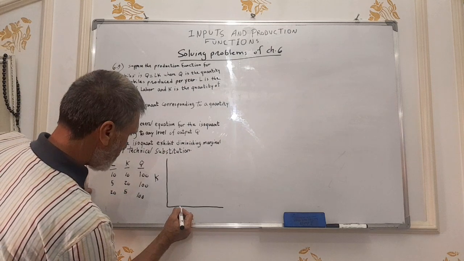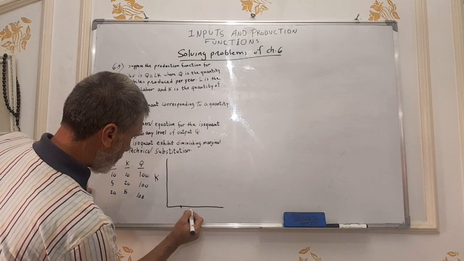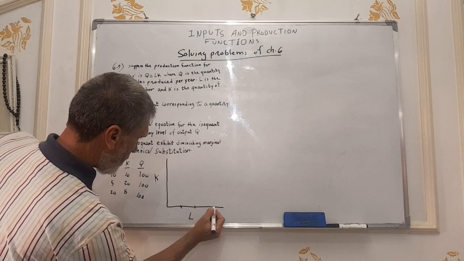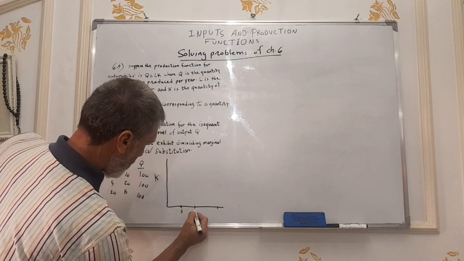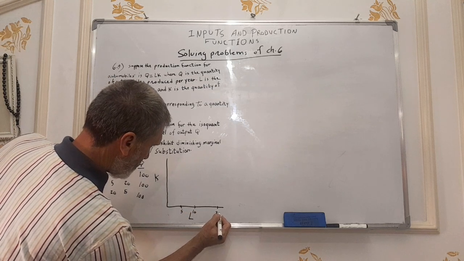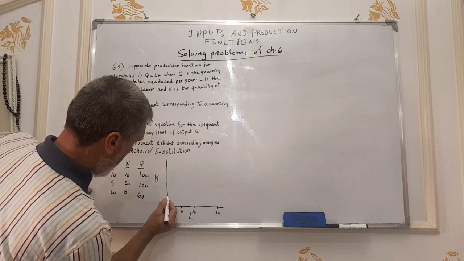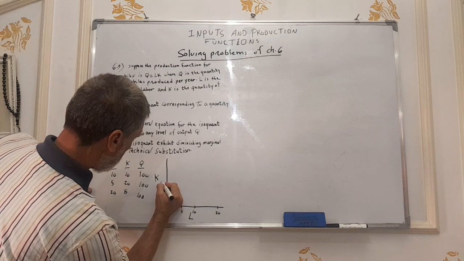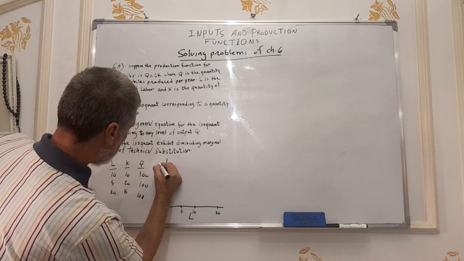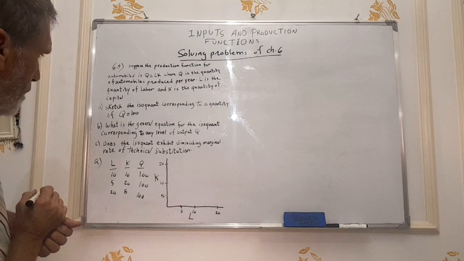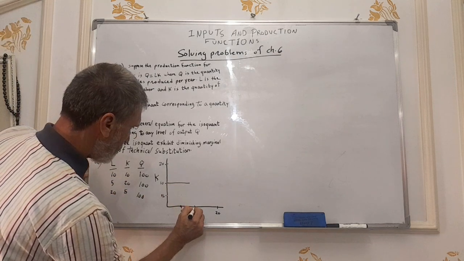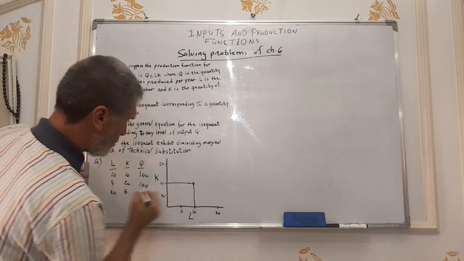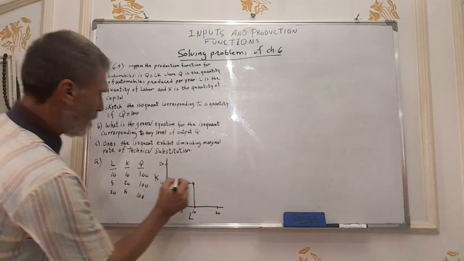This is 5, this is 10, and this is 20. Here you go, 10 and 10.